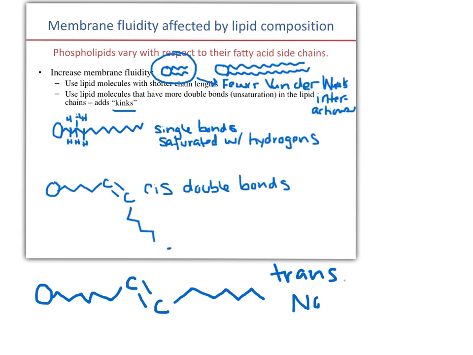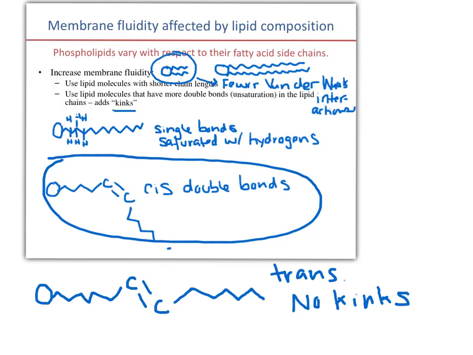Trans, no kinks. So it's through the cis double bonds that membrane fluidity is increased. Both cis and trans are unsaturated, but it's really the kinks that increase the fluidity.